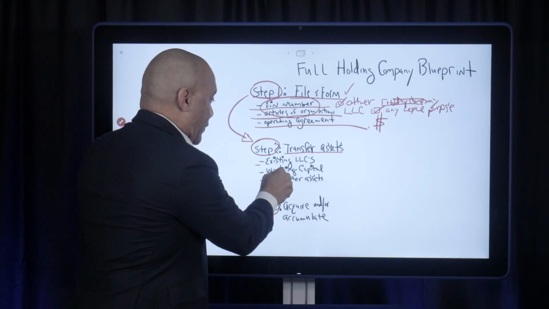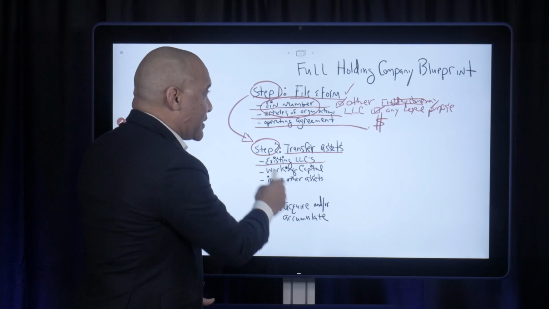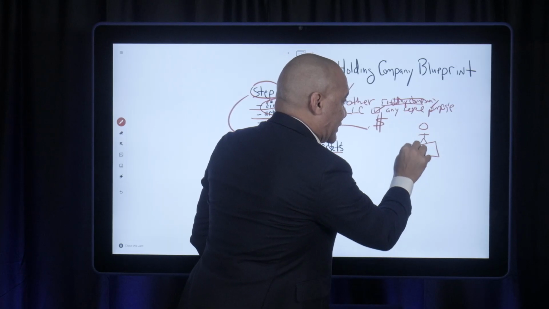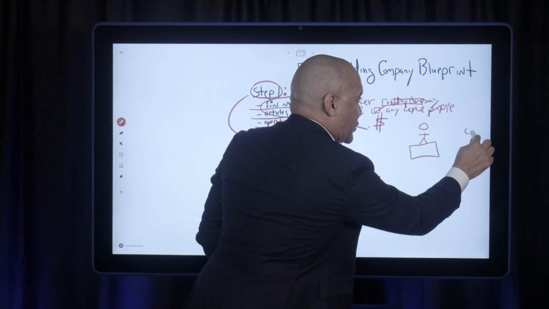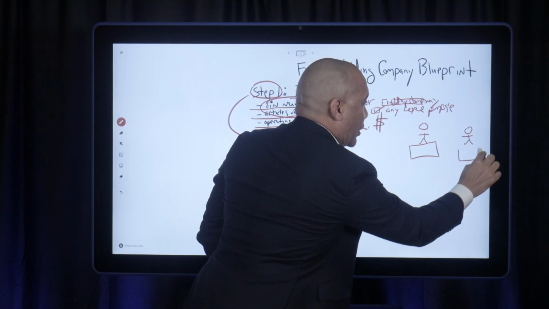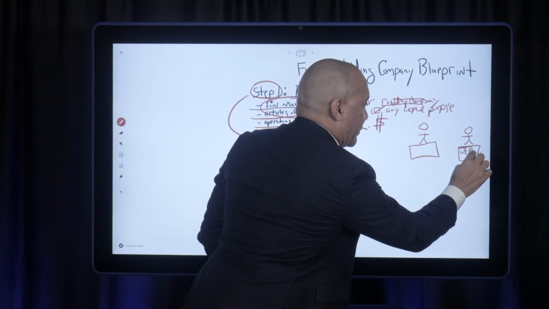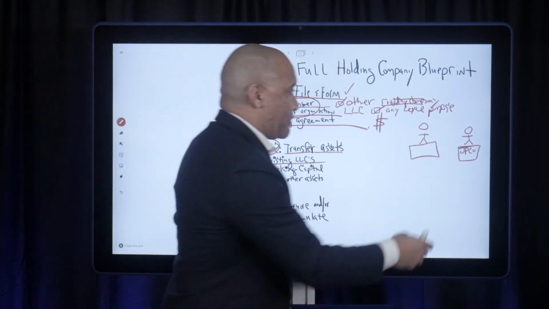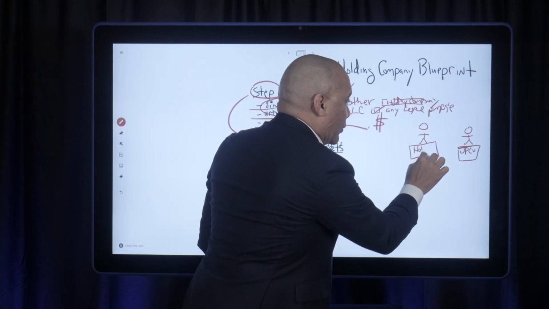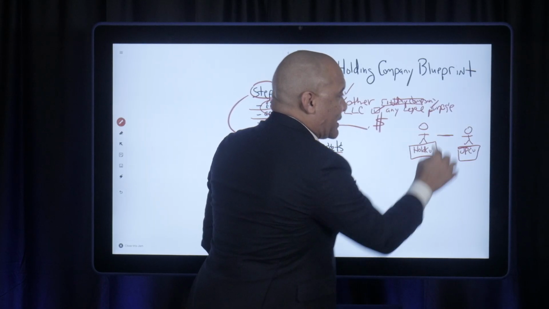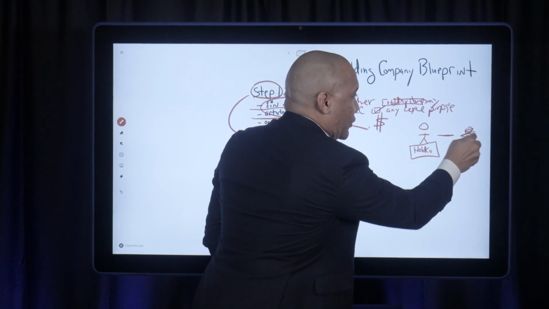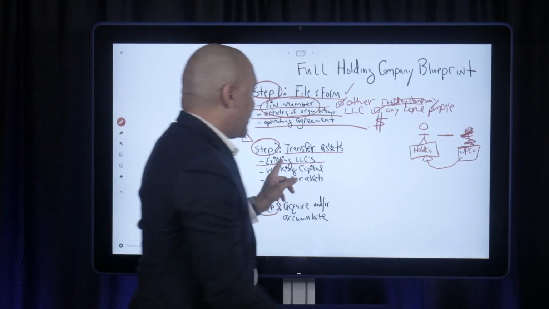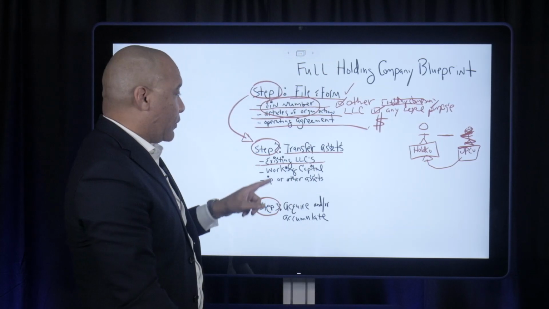So you're going to be transferring existing LLCs because remember, now that you have your holdco set up, let's say this was you over here and you have an opco, this is an operating company that you have, whether it's a service-based business or a product-based business. Now you have your holdco. You don't want to own two businesses. You want to take yourself off of the ownership and you want to transfer the ownership of this existing LLC to your new holdco. All right.